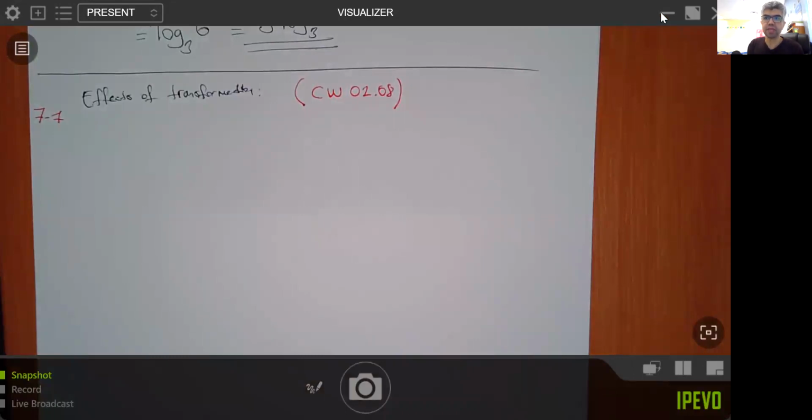Let's say the parent function is logarithm of x to the base 10, the common logarithm. So what is the effect on the graph of this function: logarithm of x base 10 plus 2.5? So what is the effect on this function?